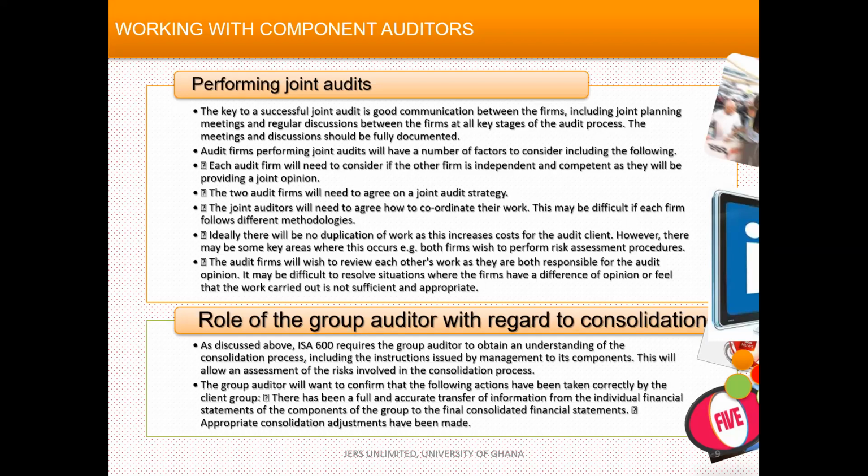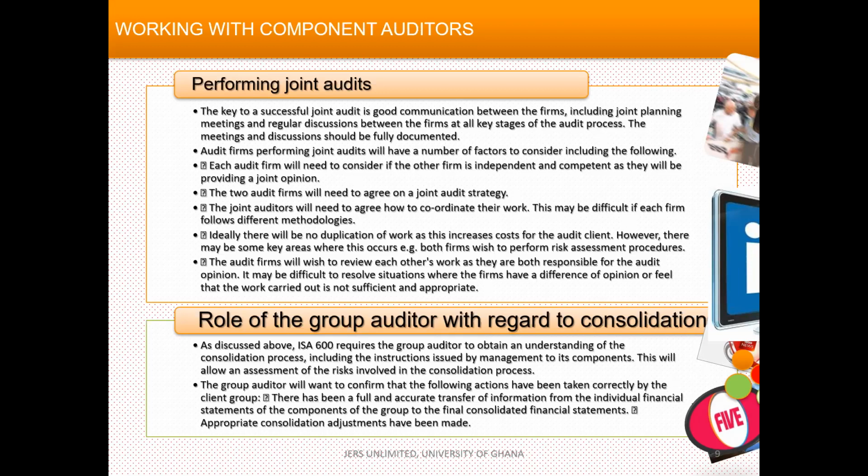And some of the things: that there has been accurate information transfer from the individual financial statements of the components of the group to the final consolidated financial statements. I hope that is clear. One of us was asking a very good question, where the component auditor would have prepared the individual financial statements.